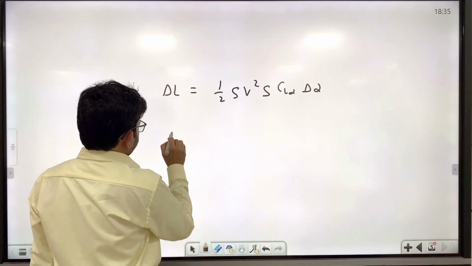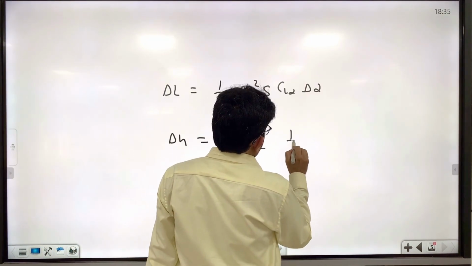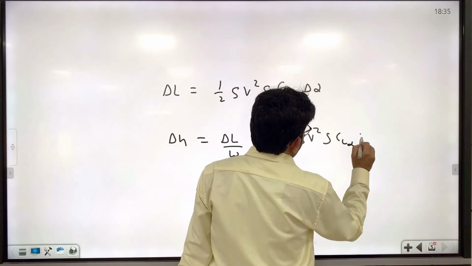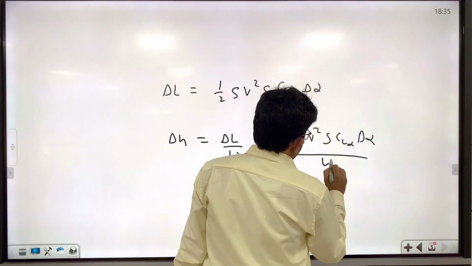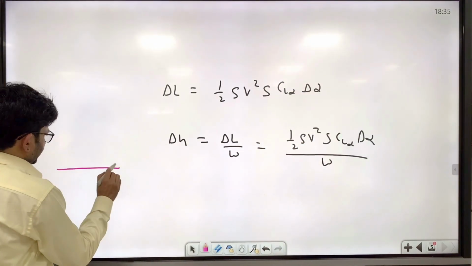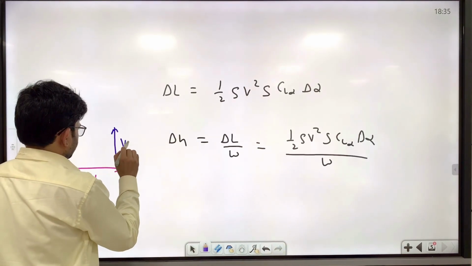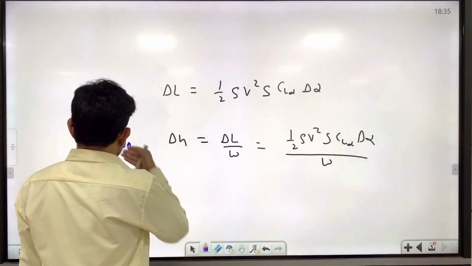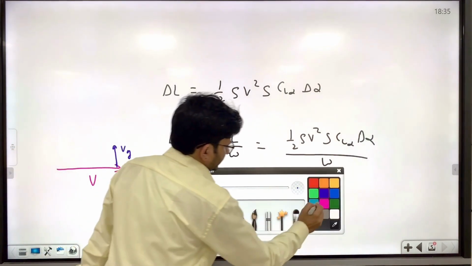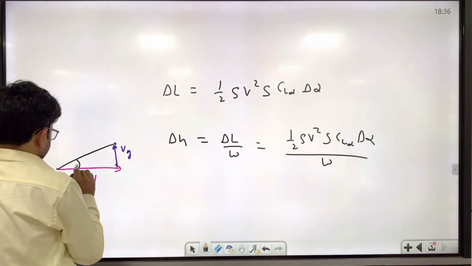Now, how will you find the load factor? Change in load factor is delta L by W. So you can write half rho V square S CL alpha delta alpha by W. So now let's say this is the aircraft velocity, and this is the amount of gust. So finally this is delta alpha.